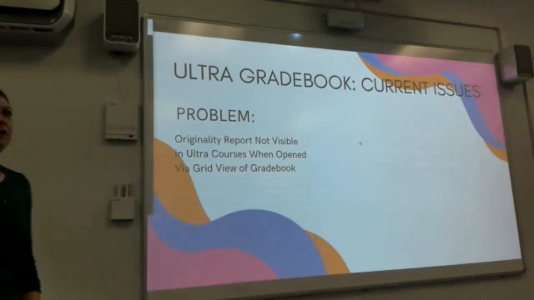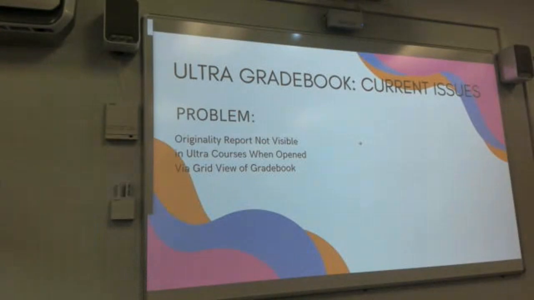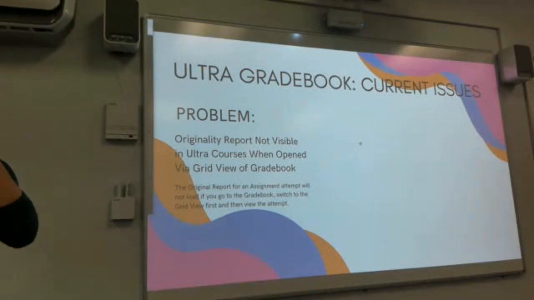If you are generating an originality report via SafeAssign, which Blackboard uses, but when opened via grid view of the Gradebook, it will not show it. So if I've received a serious amount of grievances, and I need to generate this originality report and I'm in the gradebook, but when it's showing the grade, it's not showing the report.